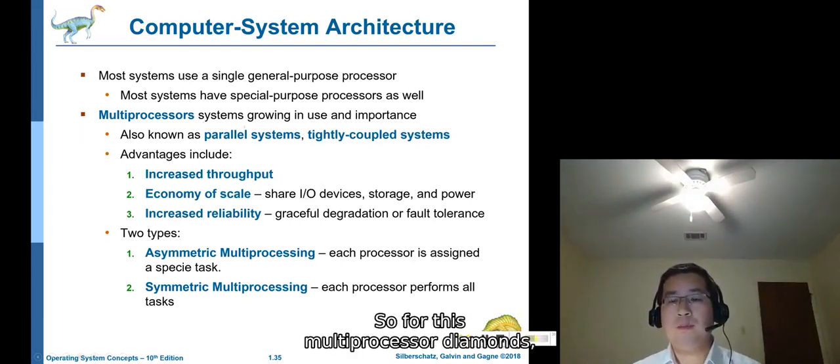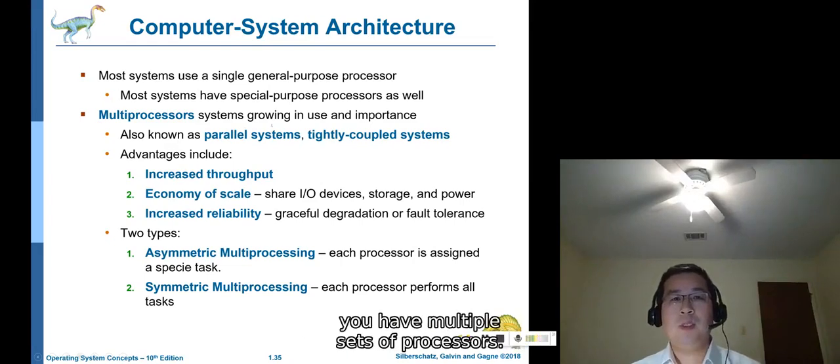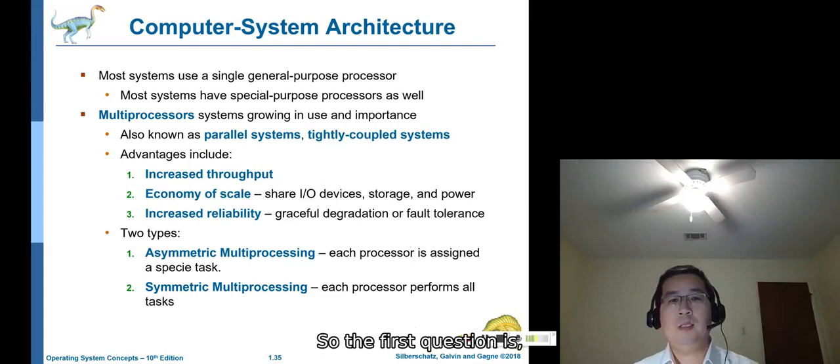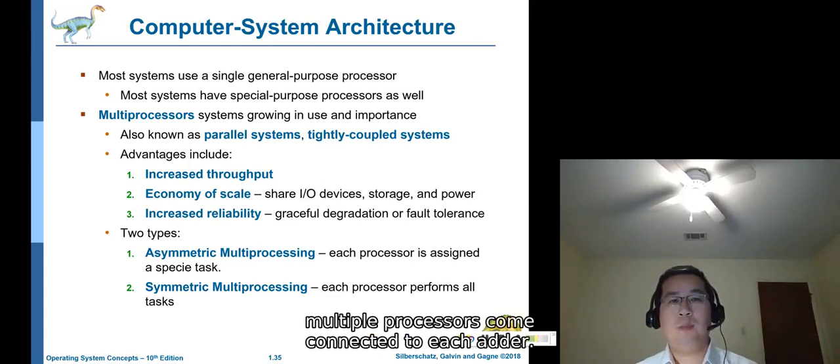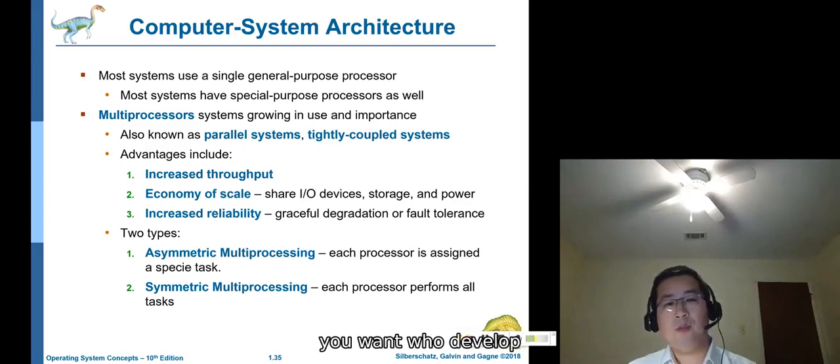And then the more popular ones at the current stage are the multiprocessors. For a multiprocessor system, you have multiple sets of processors. So the first question is why we want multiple processors connected to each other. Just consider, for example, that you want to develop a very robust system.